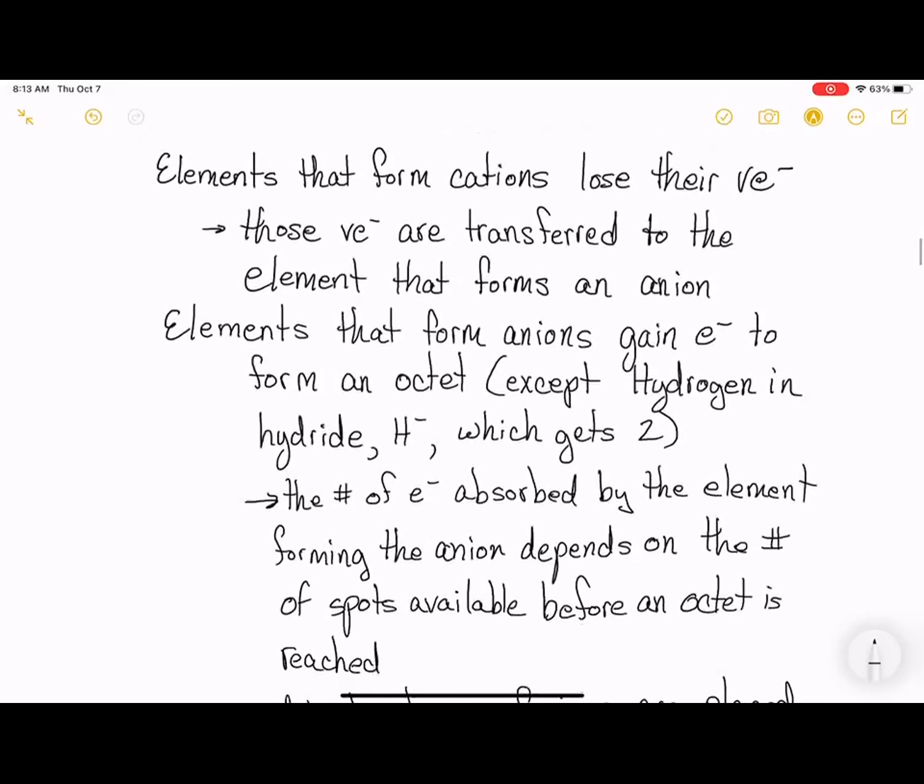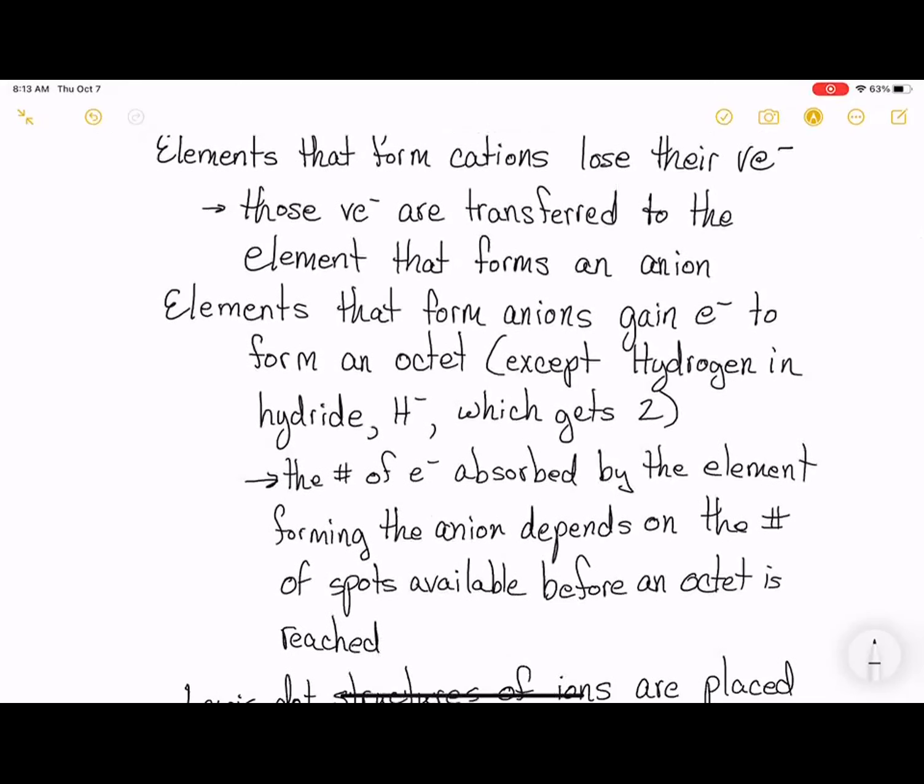Now, the number of electrons that can be absorbed by an element to form that anion is going to be dependent upon the spots available before an octet is reached. So the number of electrons we actually can add to an element in the formation of an anion is going to be dependent upon how many spots it has available to it in order to reach an octet.